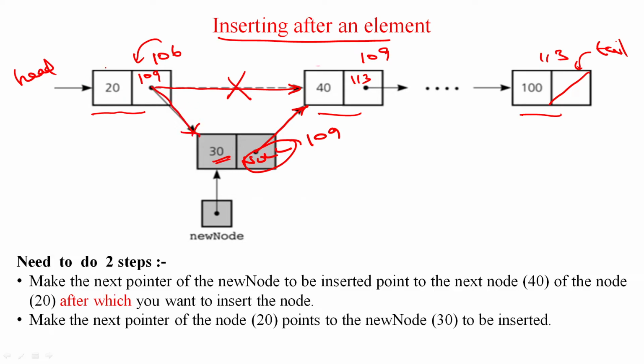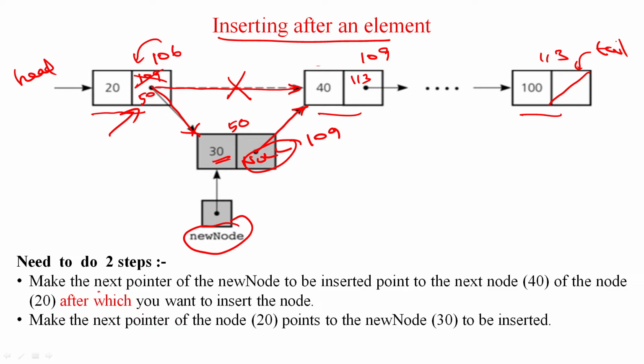So head dot next will become the new node. What is the new node's address here? For example, it may be 50. So instead of 109, it will be written as 50.